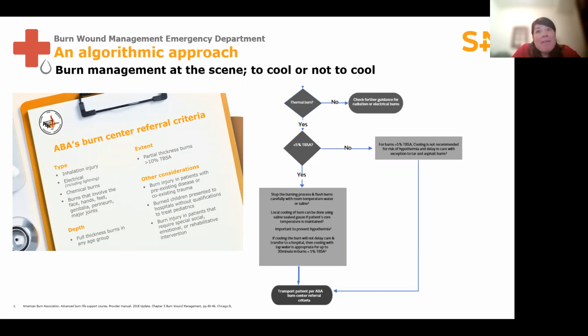So if it's less than 5% TBSA, then this is where you can stop the burning process by flushing burns carefully with room temperature water or with saline. Local cooling of the burn for these smaller burns can also be done utilizing a saline soaked gauze, but it's really important to be maintaining the patient's internal temperature to prevent hypothermia.